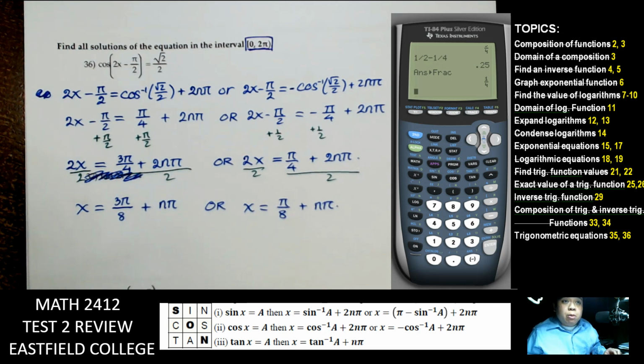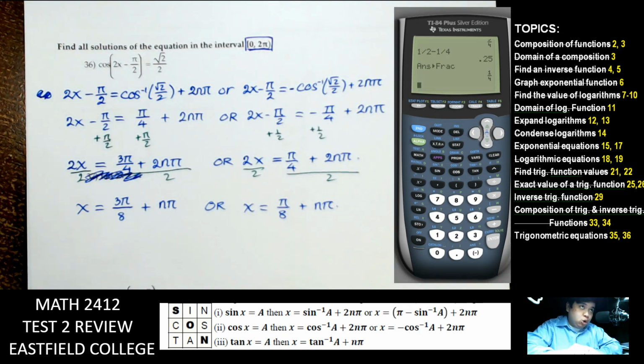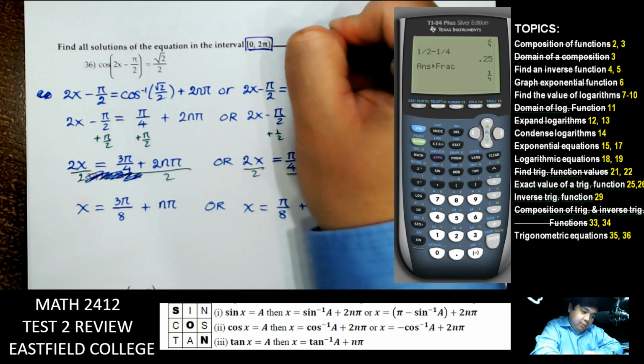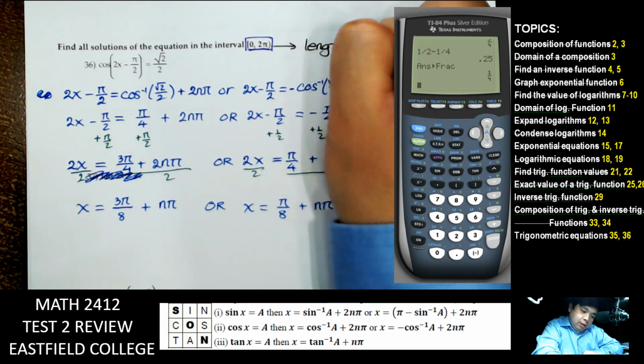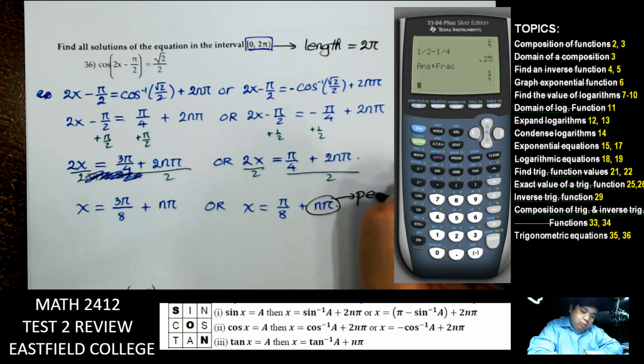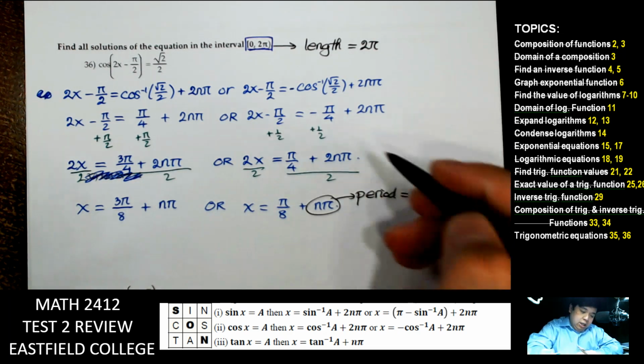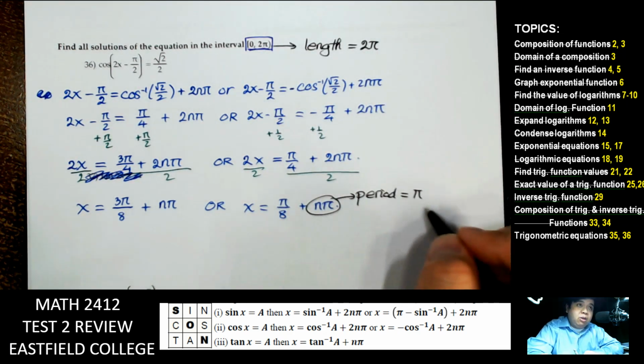Right. Now, the difference between this one and the previous one is that the solution must be between 0 and 2 pi. I will find the length for that. By length I mean the distance between 0 and 2 pi, which is 2 pi.